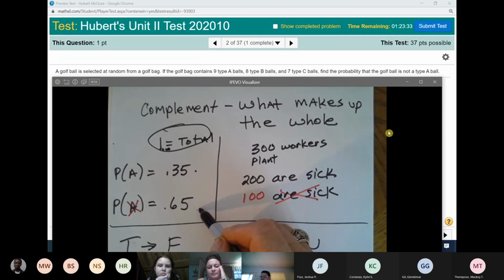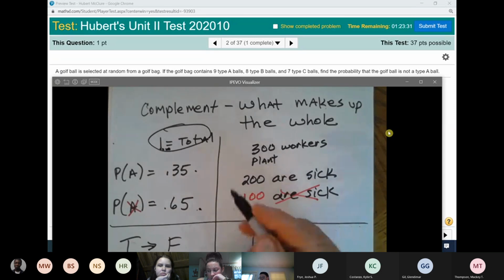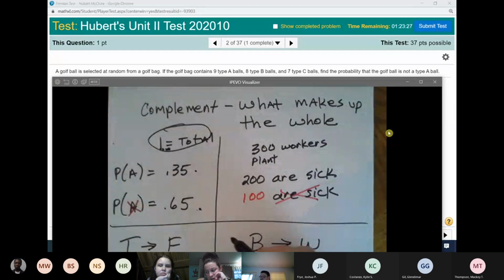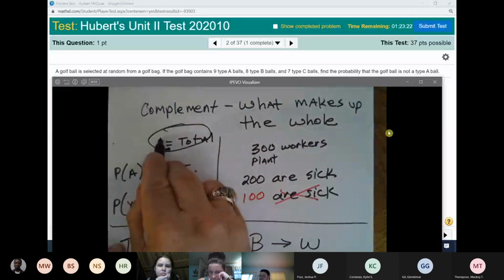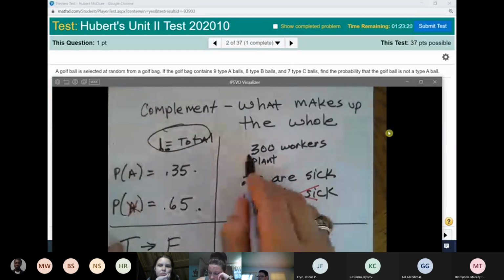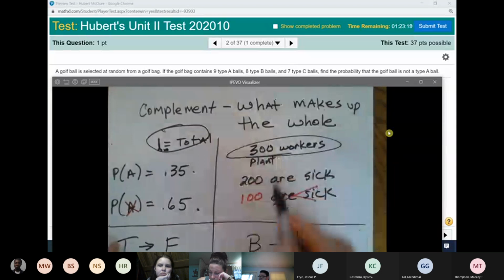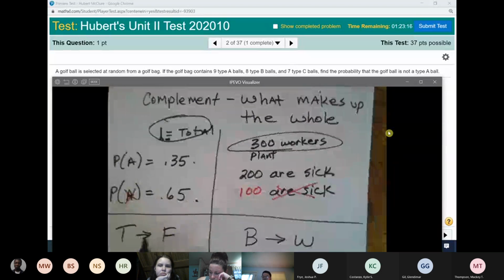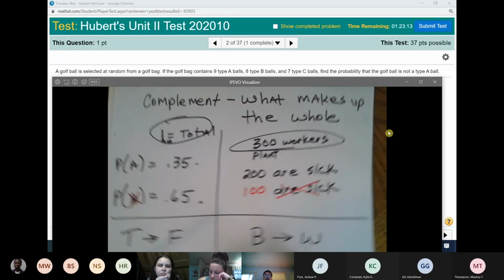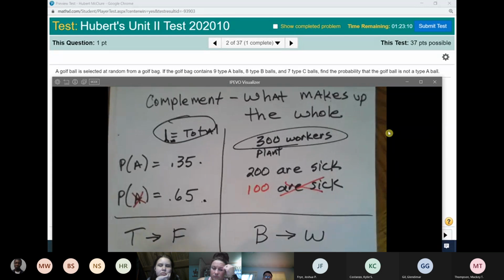What's $1 minus 75 cents? 25 cents. And you're going to have different totals. Sometimes you're going to have 1. Sometimes you're going to have 300. Sometimes you're going to have the side of a coin. Sometimes you're going to have colors. It all depends on what you're given.